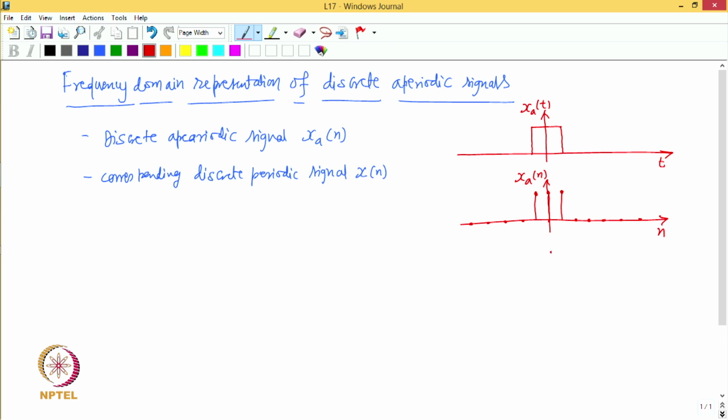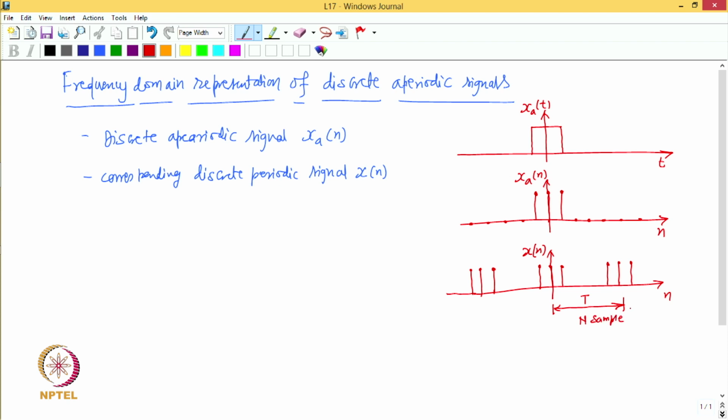And what we do now is that we construct a corresponding periodic signal x n by repeating the copies of this aperiodic discrete signal after every time T. So we are repeating it like this in both directions, such that this time period is T, and depending upon the sampling rate, this time period T will contain N samples.